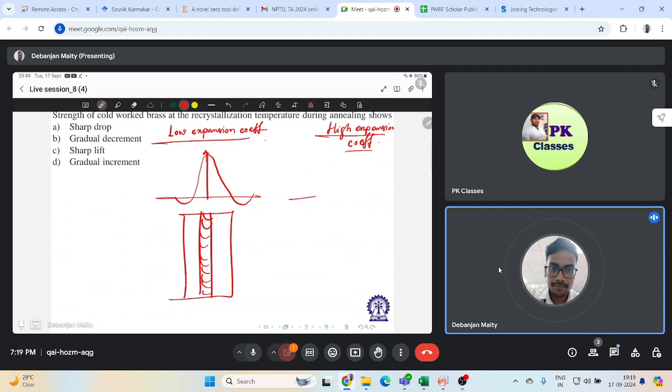For high expansion coefficient, this should be smaller compared to this. Got it? So this is tensile. These things we have discussed. This is compressive.